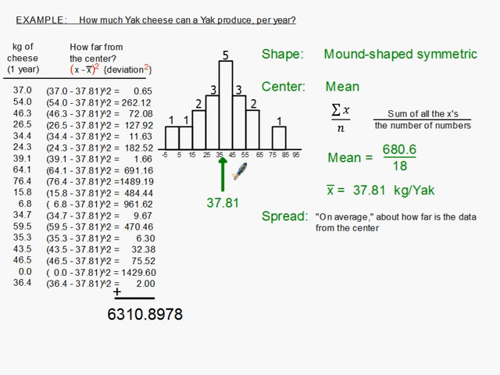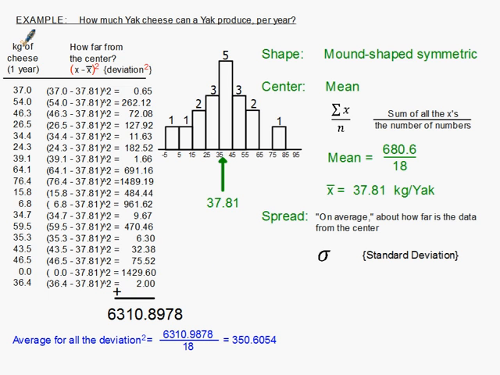What's going on? Well, we are trying to find the average of the deviations. Have we averaged them? No, we've just added them up. That's not averaging. We have to divide by the number of deviations, which is 18 in this case, and we get 350. Now, the symbol that is used for standard deviation is the lowercase Greek letter sigma.